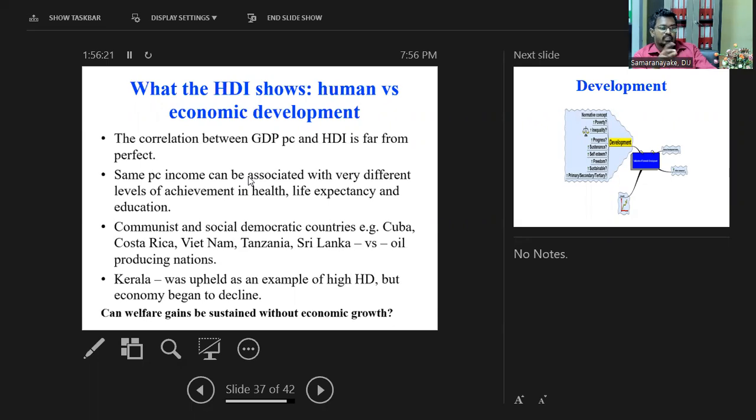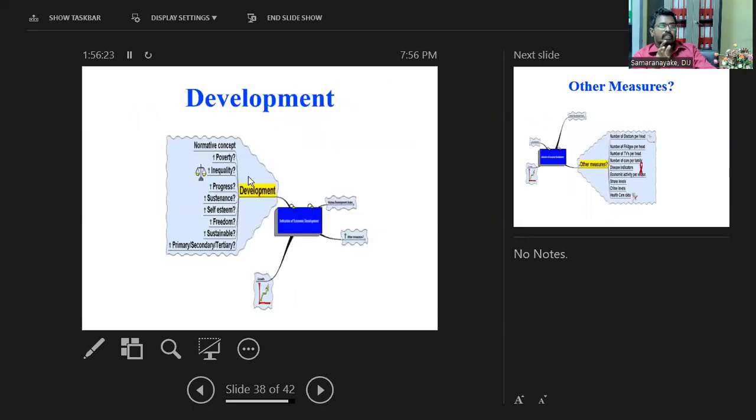Now we discussed the Human Development Index, and if you go to development, as I said, it's a normative concept. We discussed development through different definitions and approaches earlier in a long session today. When it's called development, we have different dimensions: poverty, inequality, progress, self-esteem, freedom, sustainability, and education.